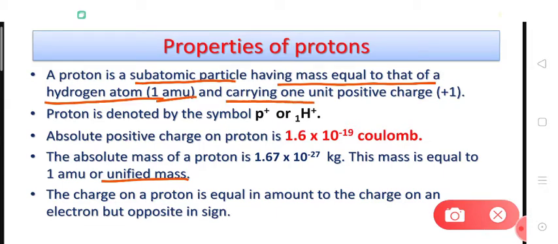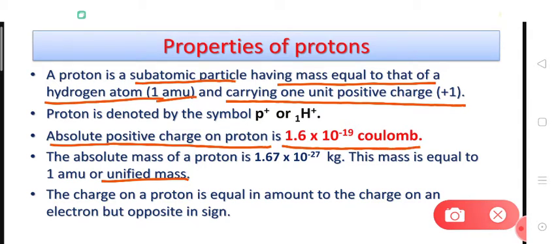Also, the proton carries 1 unit positive charge. That means the absolute positive charge on the proton is 1.6 into 10 to the power minus 19 coulomb. As you can see, the amount of absolute charge present on the electron is equal to the charge present on the proton. So the amount of charge is equal on electron and proton, but their signs are different: the electron has that amount of negative charge while the proton has the same amount of positive charge.